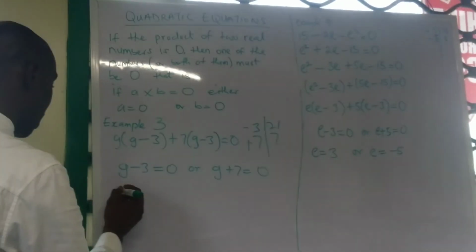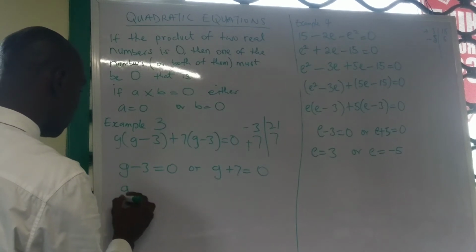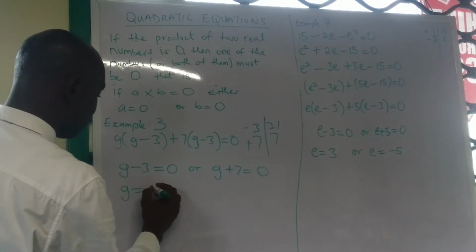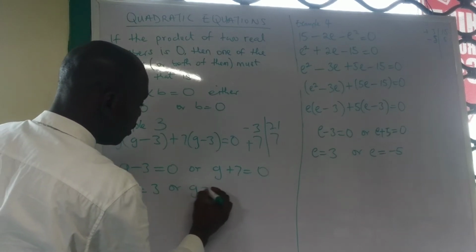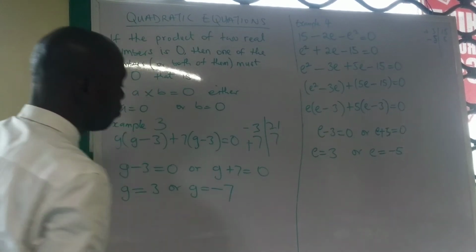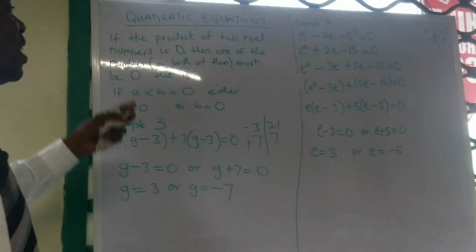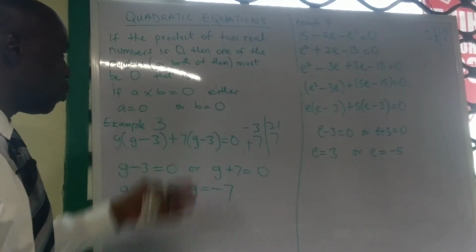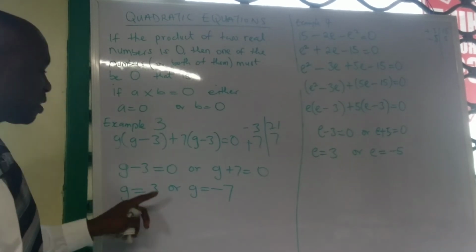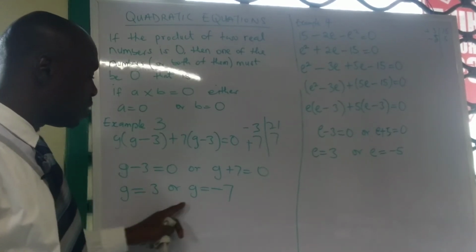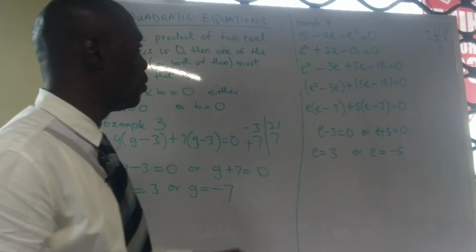So it will now give us g equals 3 or g equals minus 7. The equation is already giving us the value of 0. So g equals 3 or g equals minus 7.